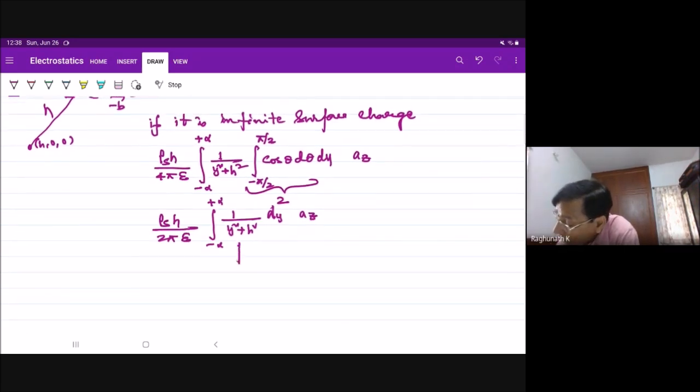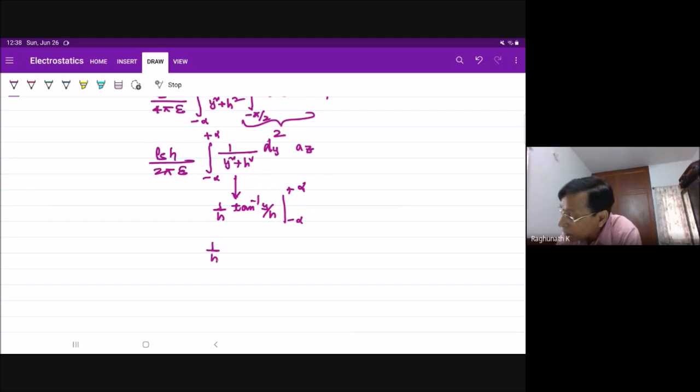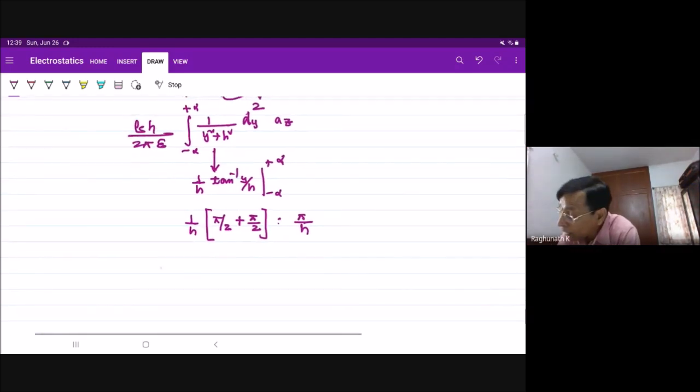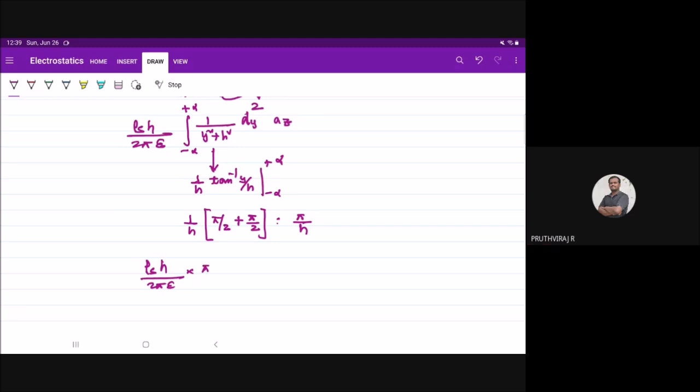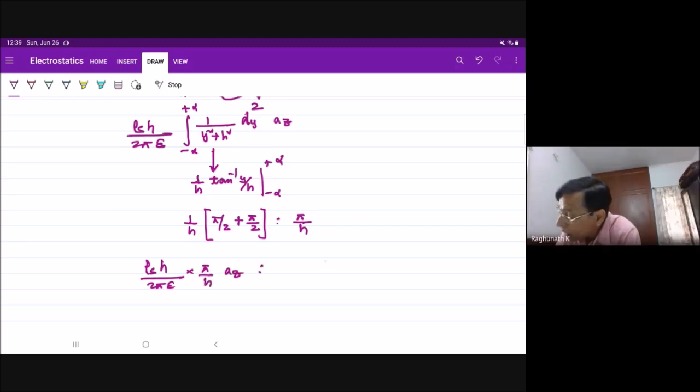The integral of 1 by y square plus h square dy is what? 1 by h tan inverse of y by h from minus infinity to plus infinity, which is 1 by h into tan inverse of infinity, pi by 2, minus of minus tan inverse of infinity, pi by 2, plus, which is pi by h. Because of which the total field is rho s h by 2 pi epsilon into pi by h Az, which is rho s by 2 epsilon into Az.